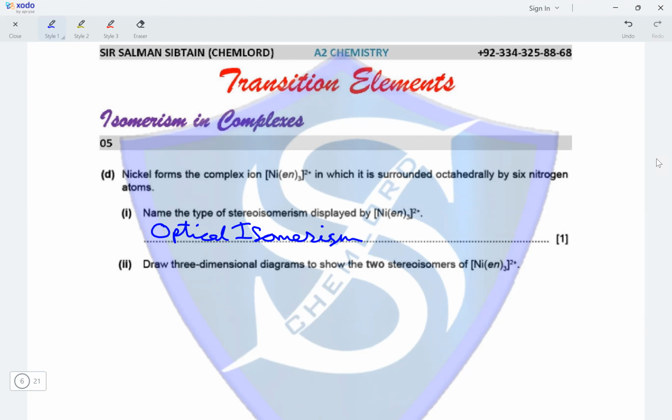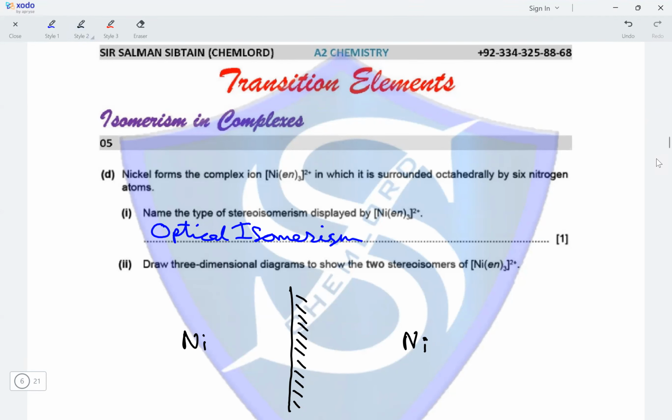So in order to do this, we would be needing the central nickel ion at 2 positions. Then we would be needing a mirror to show that these are optical isomers.